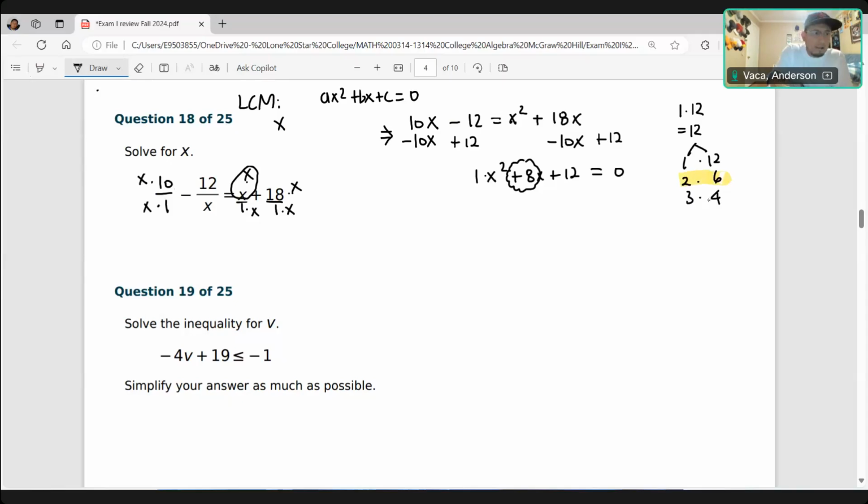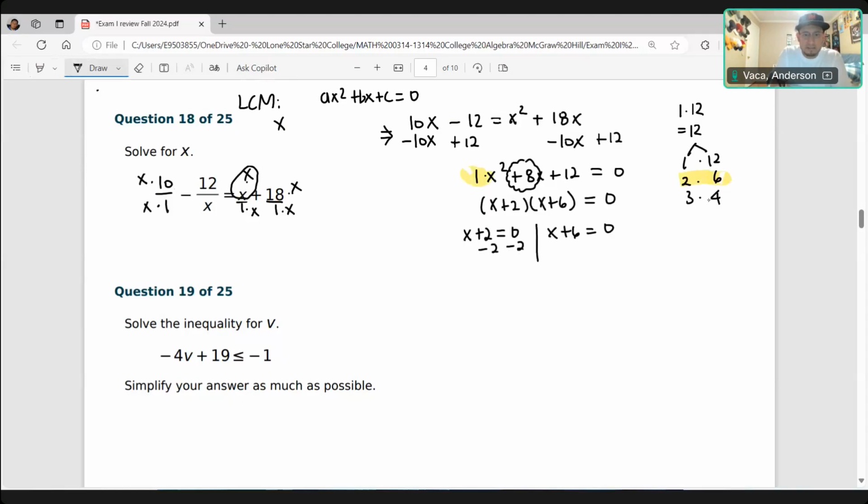A equals 1. I like it because we can easily write x plus 2, x plus 6 equal to 0. What does that mean? x plus 2 is equal to 0, or x plus 6 is equal to 0.